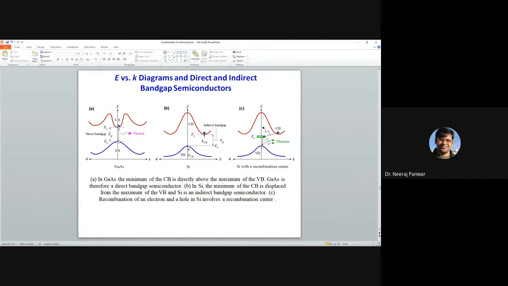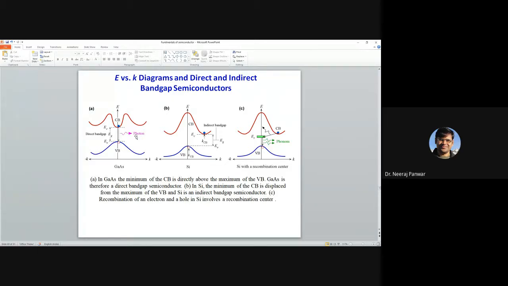There are two carriers involved. When they annihilate, the difference of energy is emitted in terms of a photon. So we define a quantity that is known as quantum efficiency. It is a measure of how good a semiconductor is in converting carriers into photons.